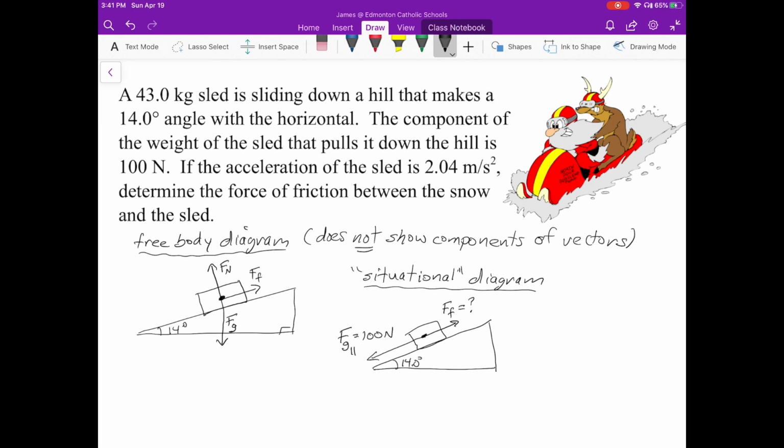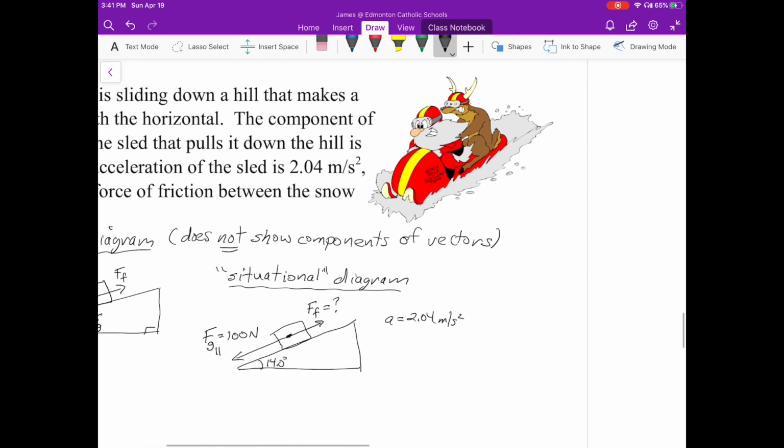Here we've got a force pulling it down the hill, 100 newtons, and a force resisting that, pointing up the hill, which would be friction. And you're given the value of the acceleration. The acceleration of the sled is 2.04 meters per second squared down the hill.